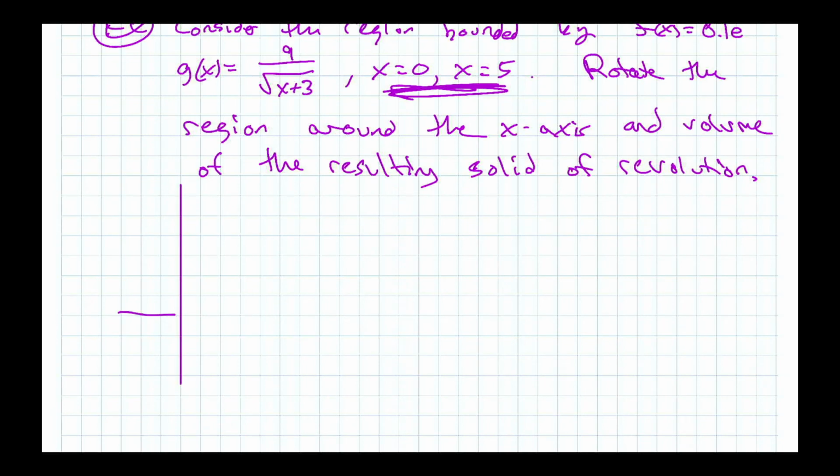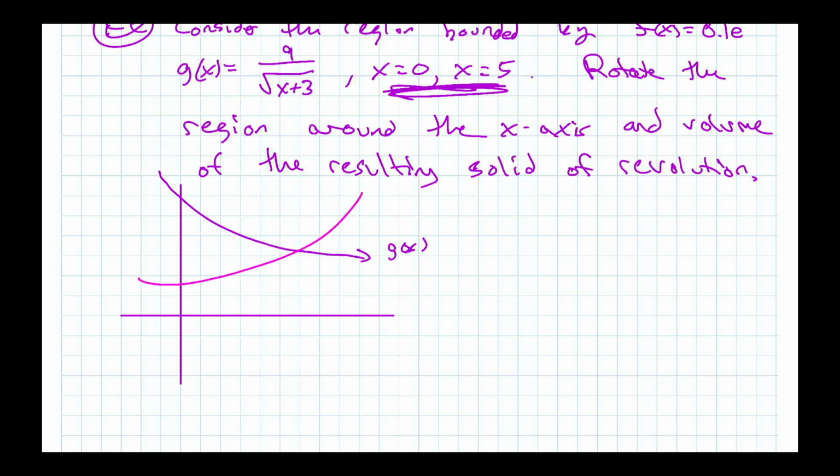So what we got was the blue curve was down and to the right, and that was g of x. And then the other one was up and to the left, and it's exponential, like that.